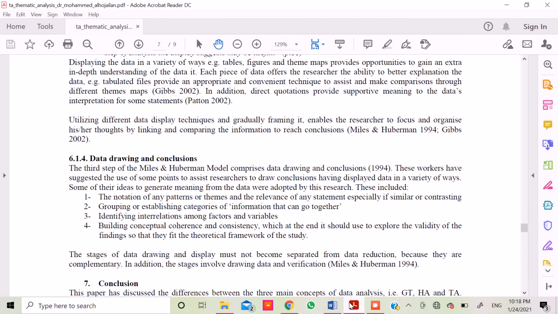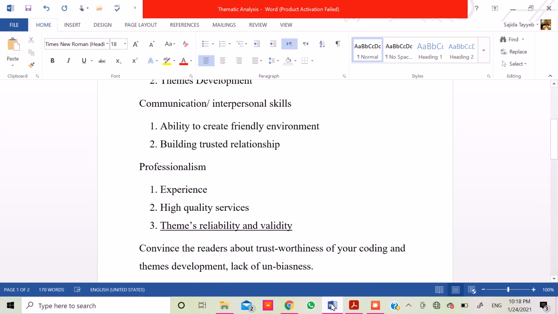But in your case, since you are already doing group work, you can say that all the group members did the coding and themes development process individually, and then after matching the codes and themes, they agreed on one particular themes development that matched almost all of you.